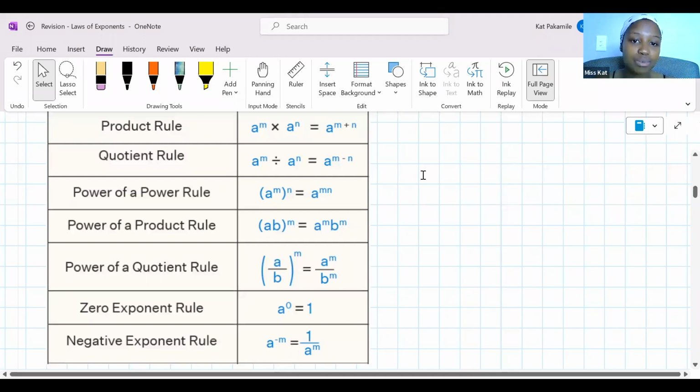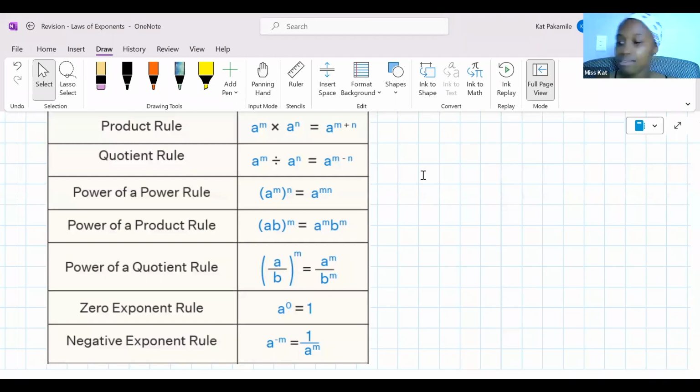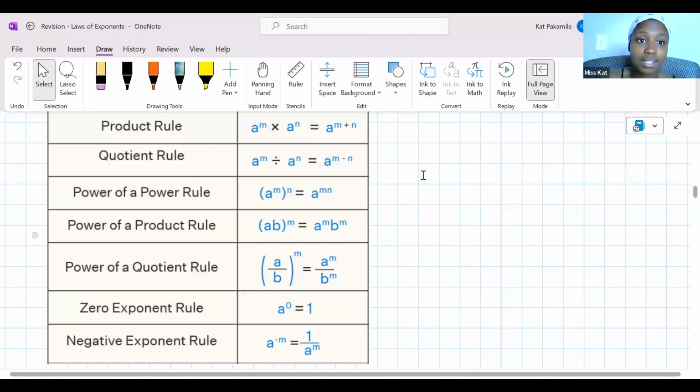The product rule means when you have, I should probably plug in my stylus so I can write. Give me 2 seconds, guys.